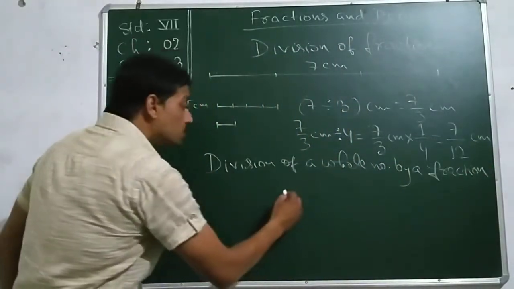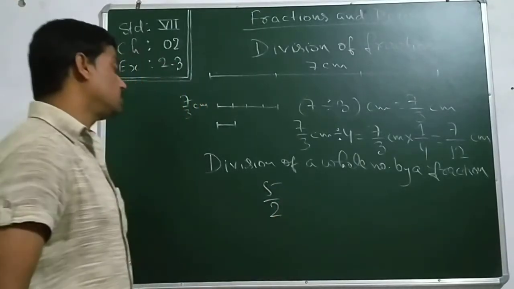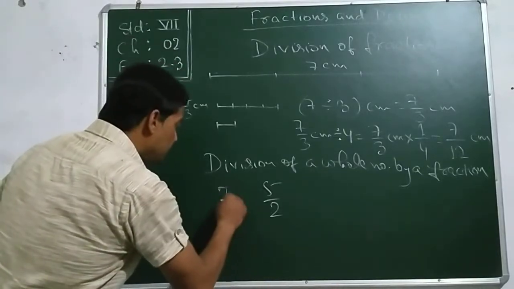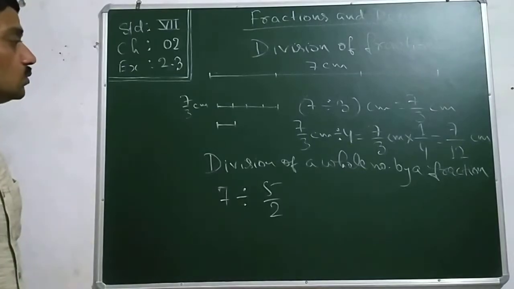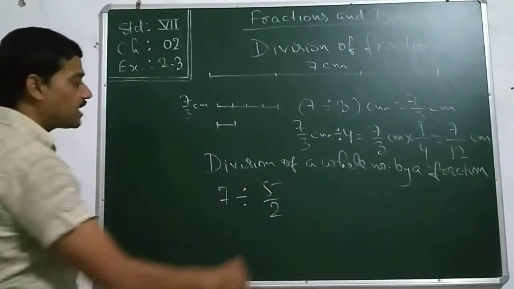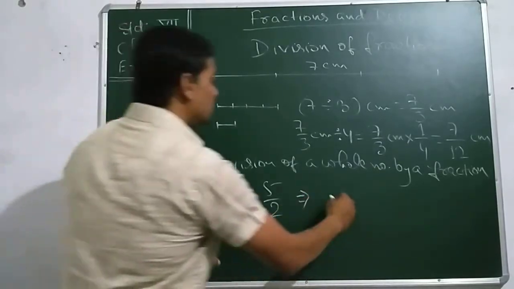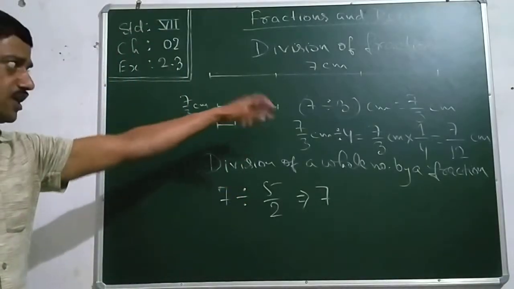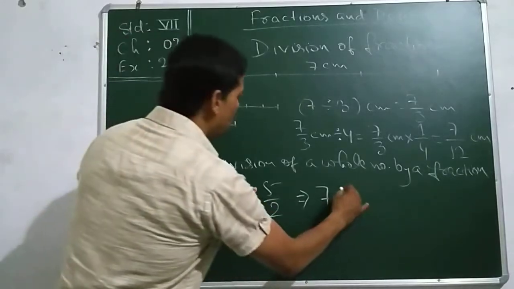See, assume that 5 by 2 is a fraction and 7 is a whole number. 7 divided by 5 by 2, whole number divided by fraction. The result will be, once again as I had explained you there also, we will get the reciprocal of this.